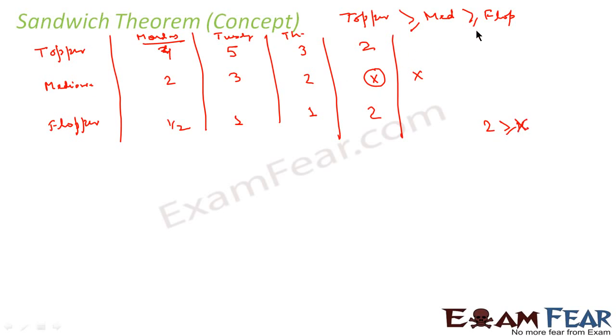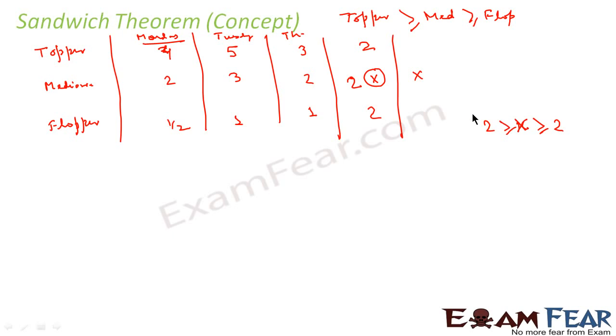Also, the mediocre is always greater than the flopper, and the flopper also watched 2. So x is greater than or equal to 2 and x is less than or equal to 2. The only number that can satisfy this condition is 2.